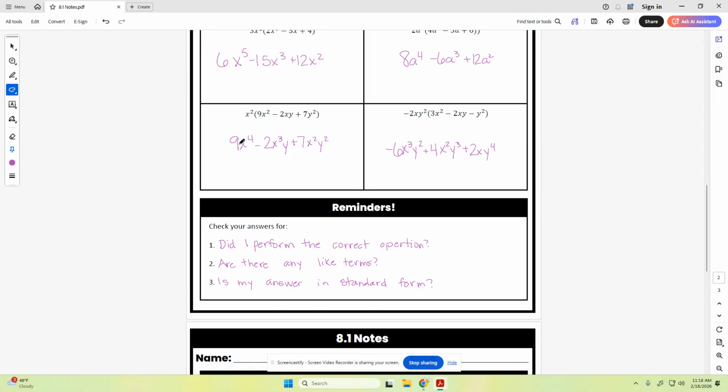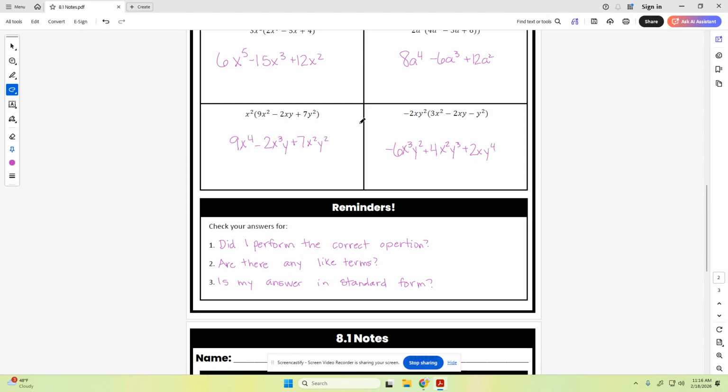So since x comes first in the alphabet, I need the highest exponent for x, descending to the lowest, and the y's just kind of follow along. The x is really what leads which one comes first. Same thing happened here. They both had x's and y's, but x comes first in the alphabet, so it's descending order by the x's. So that's a little bit more detail on that standard form.